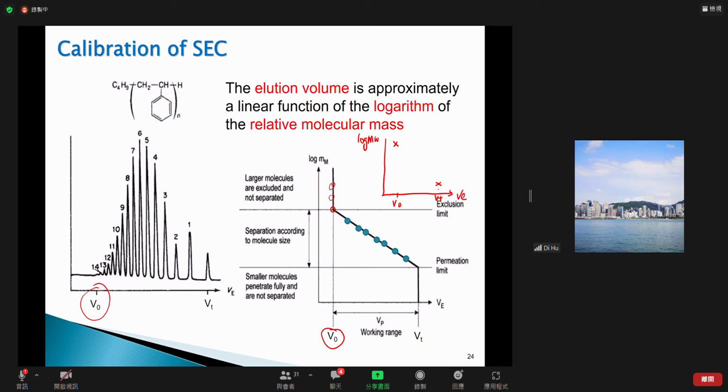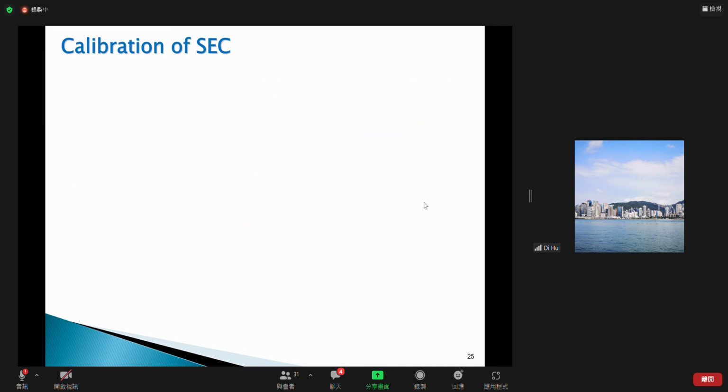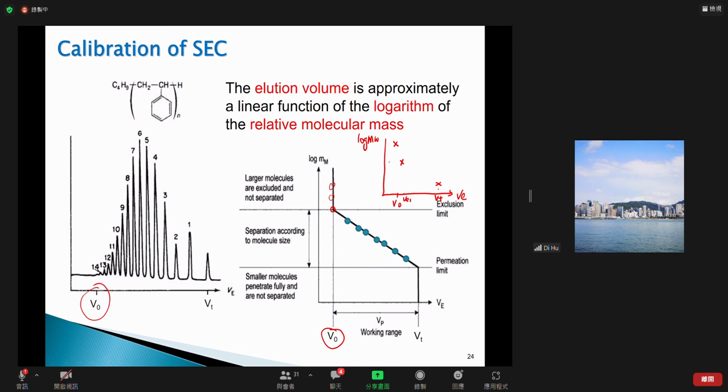So then I get something in between. Say it has its VE, so VE1, and its log molecular weight 1.